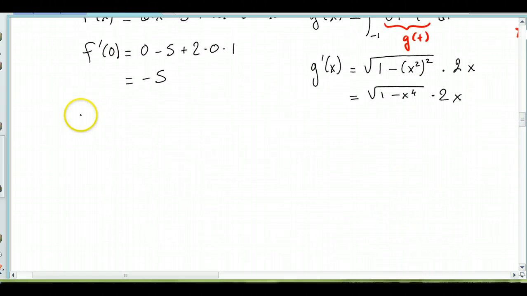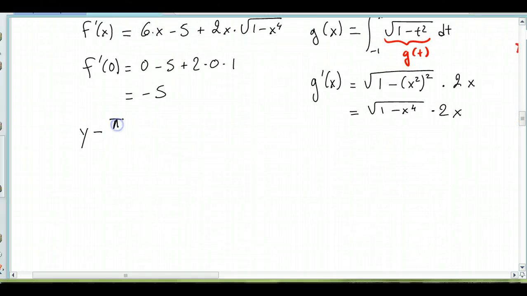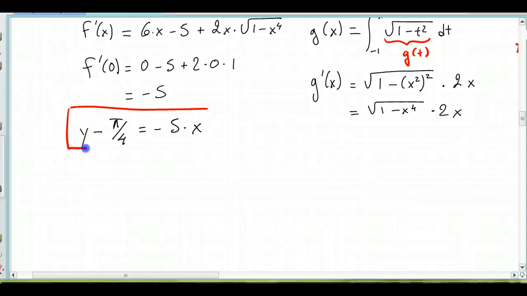We get this piece right now. So we have y minus, I don't remember what f of 0 was, pi over 4, equals negative 5x. That's a completely acceptable form right here. This is actually the point slope form.